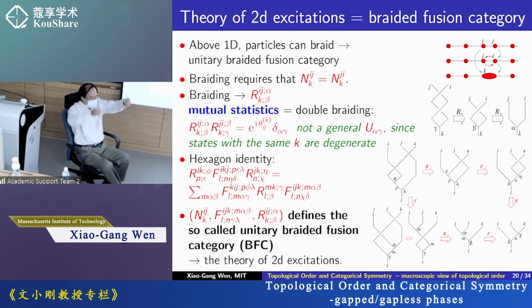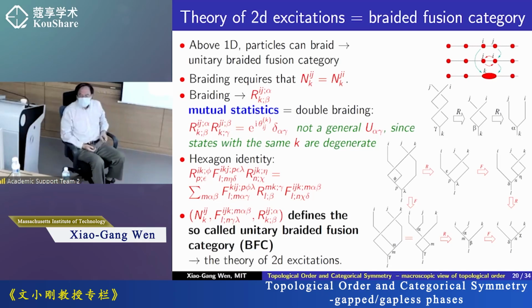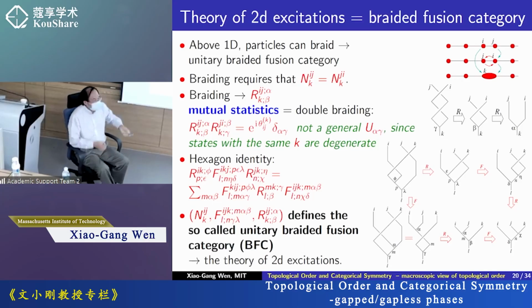When you braid twice, the R matrix describes half braiding, you just exchange. But if i and j are different, exchanging gives a different configuration, so you don't have a definite phase. But if you braid twice, it's like doing mutual statistics, and you should get a phase. Something easy to understand is theta_ij, the mutual statistical angle between the i particle and the j particle.